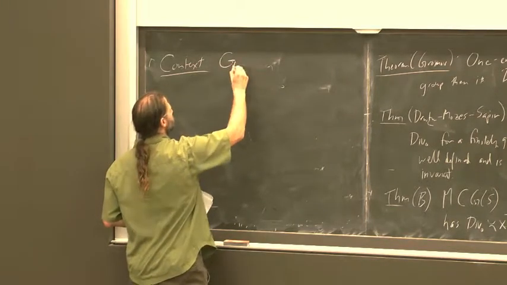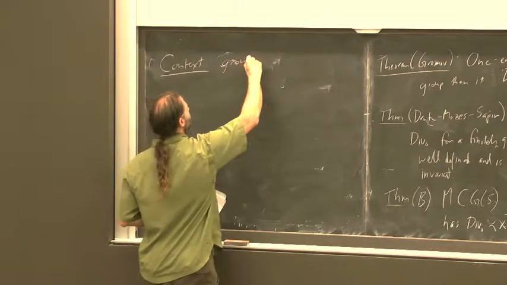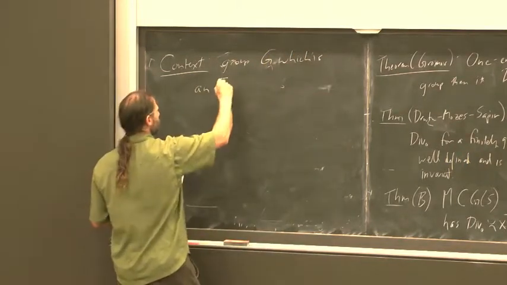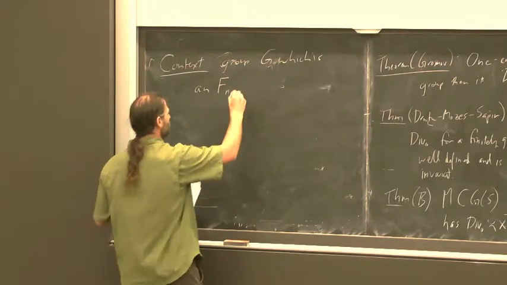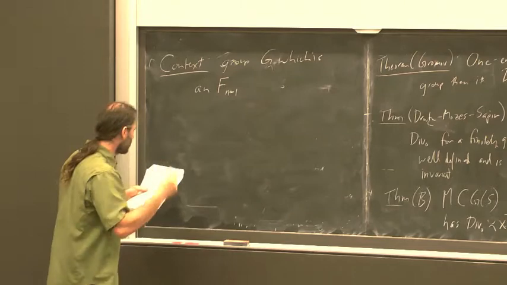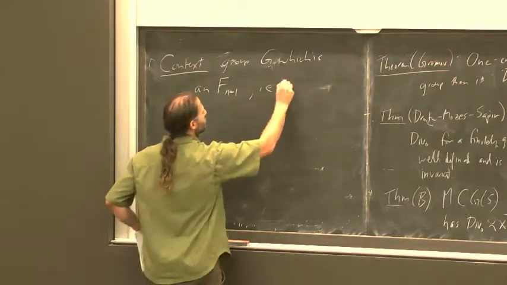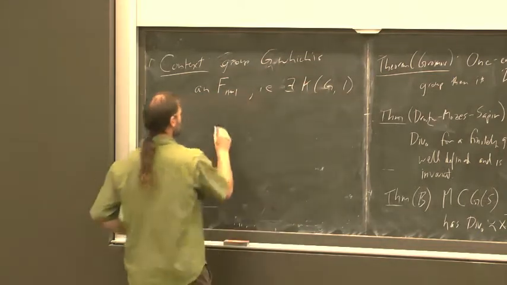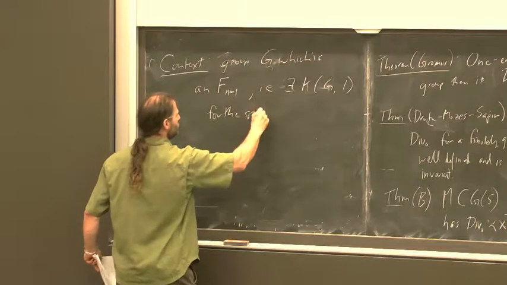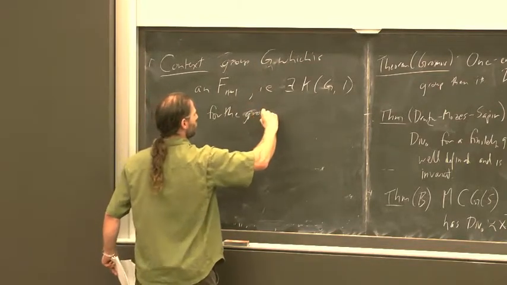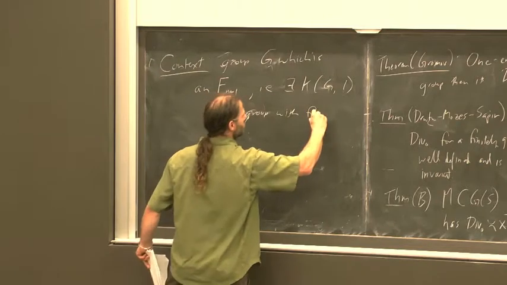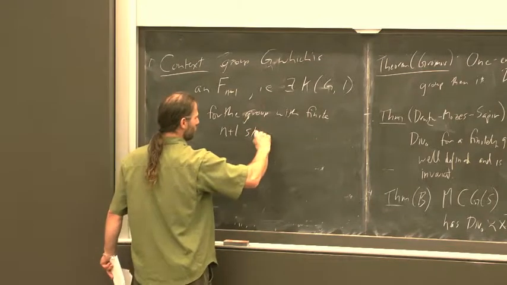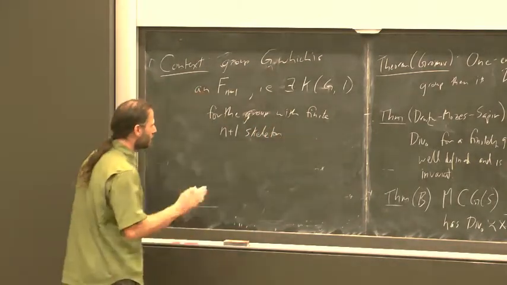The setup works for any group G which is F_{n+1}. That just means that there exists a K(G,1), a space for the group, with a finite n+1 skeleton.